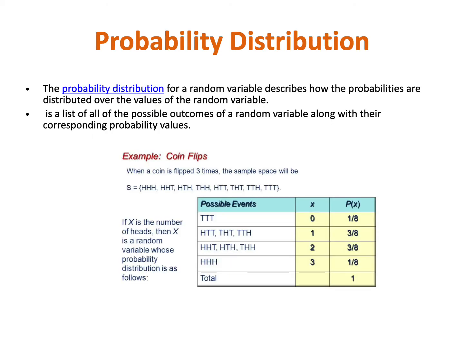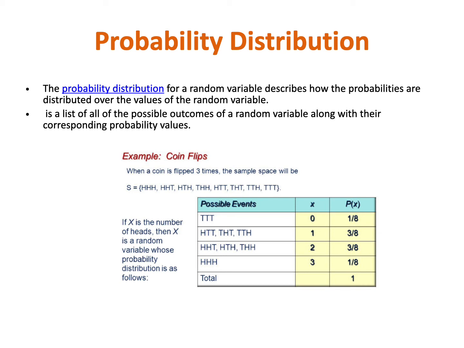Now we'll be discussing the probability distribution. The probability distribution for a random variable describes how probabilities are distributed over the values of the random variable. It gives us a list of the possible outcomes of the random variable along with their corresponding probability values. Suppose a coin is flipped 3 times.